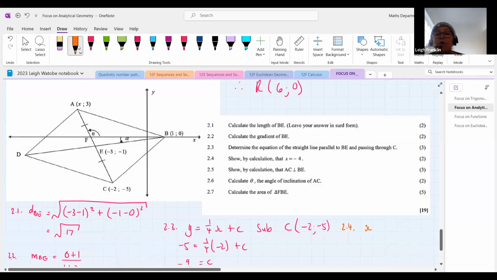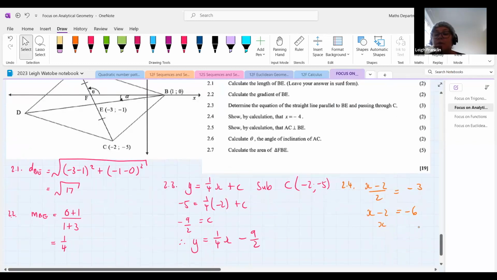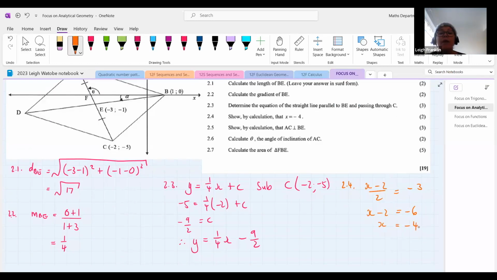All right, so you would have (x minus 2)/2 equals -3. So x minus 2 equals -6. And that's why x would be equal to -4.